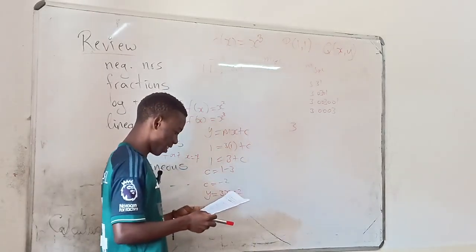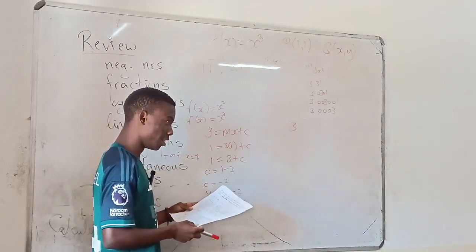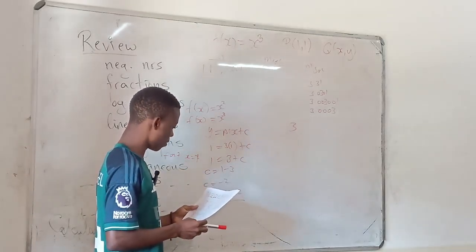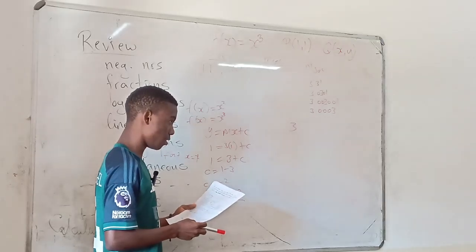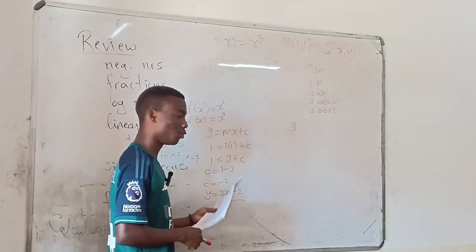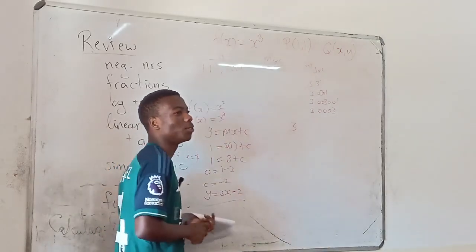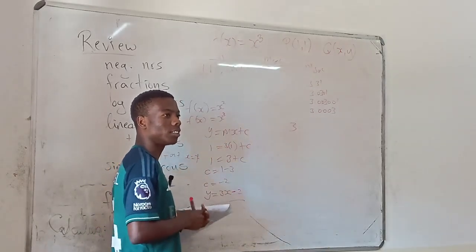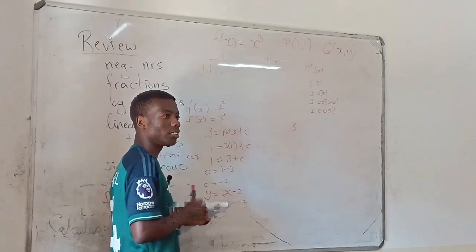This is the equation of what line? So we have to understand what we are. Let me start at the beginning.